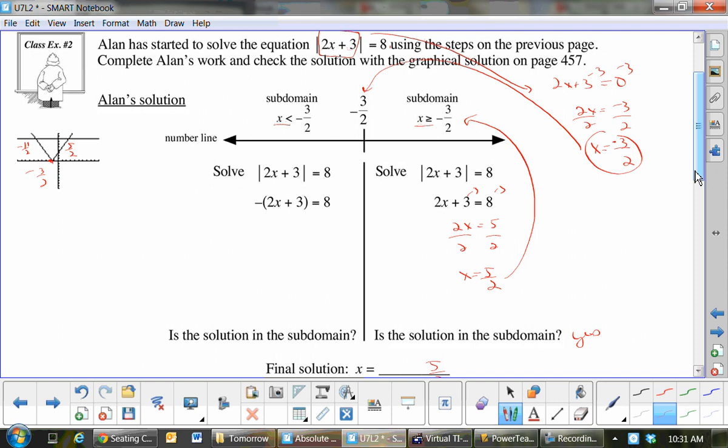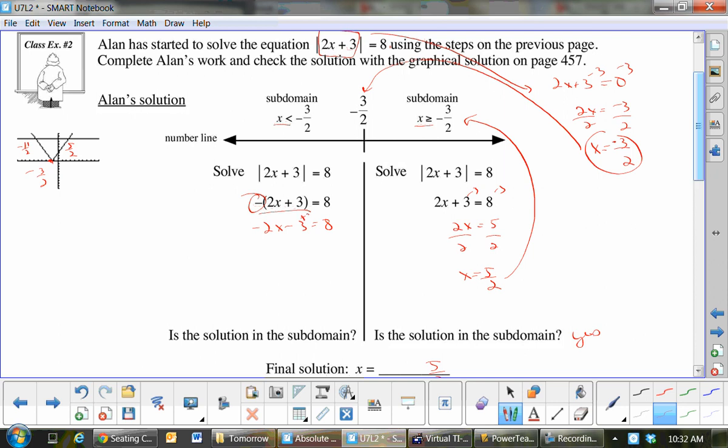So then I'm going to multiply it by negative: negative 2x minus 3. See the negative? It's very similar to yesterday. Now, are we including the 8 at this point when we do that negative? No. We're just messing with the absolute value. So this is negative 2x minus 3 equals 8.